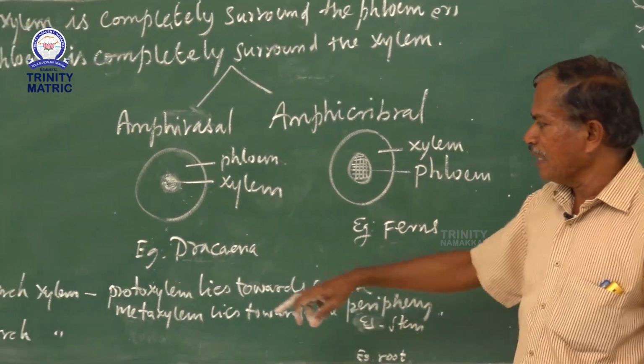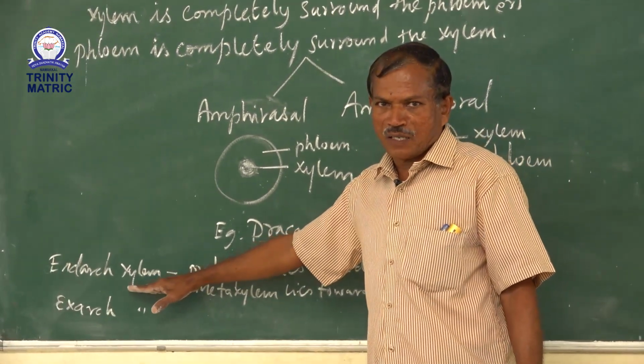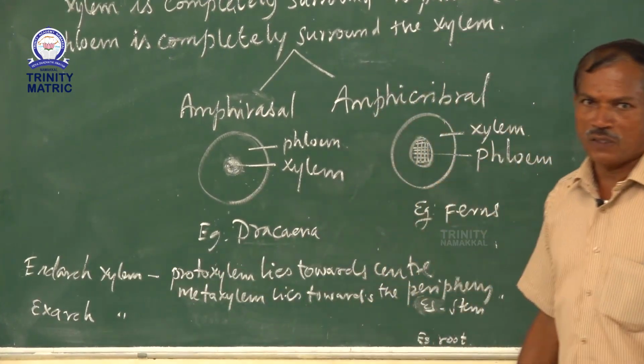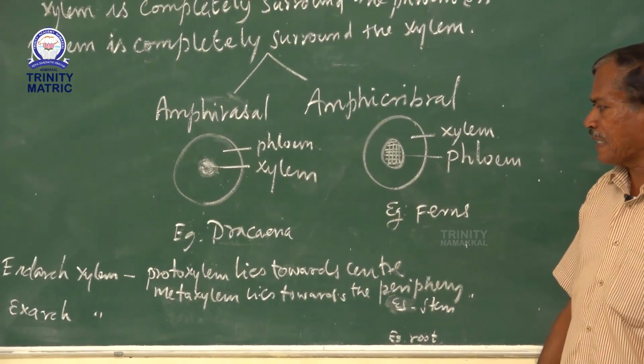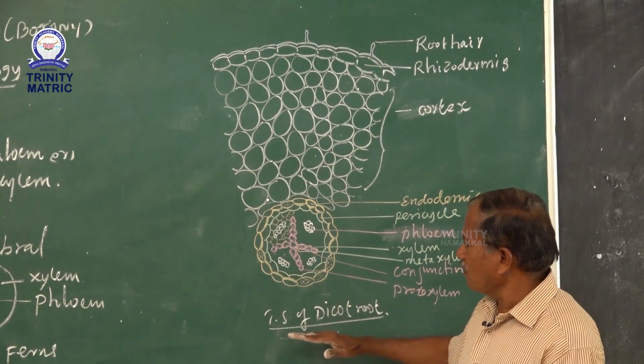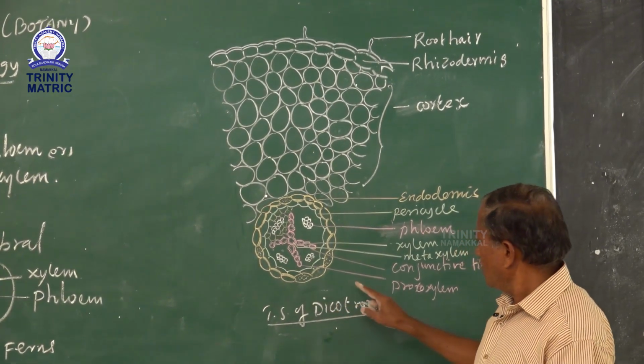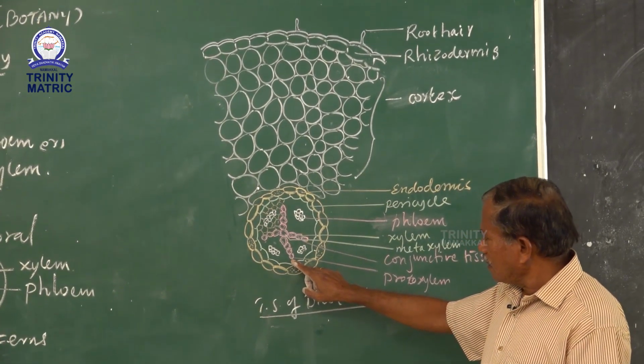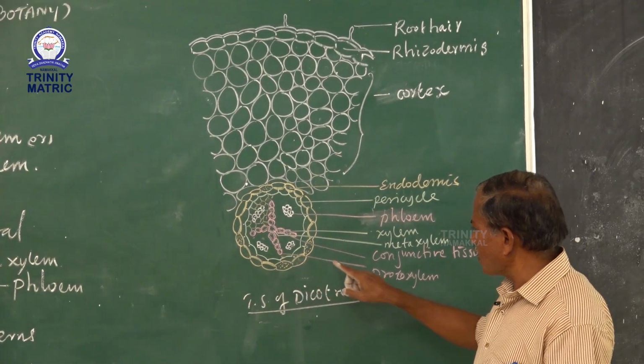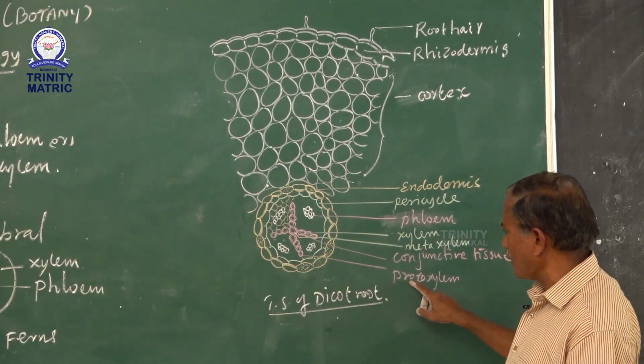Next, what is endarch xylem and exarch xylem? First we will see what an exarch xylem is. Look at this picture. The tip of the xylem, the smaller cells, is called the protoxylem.